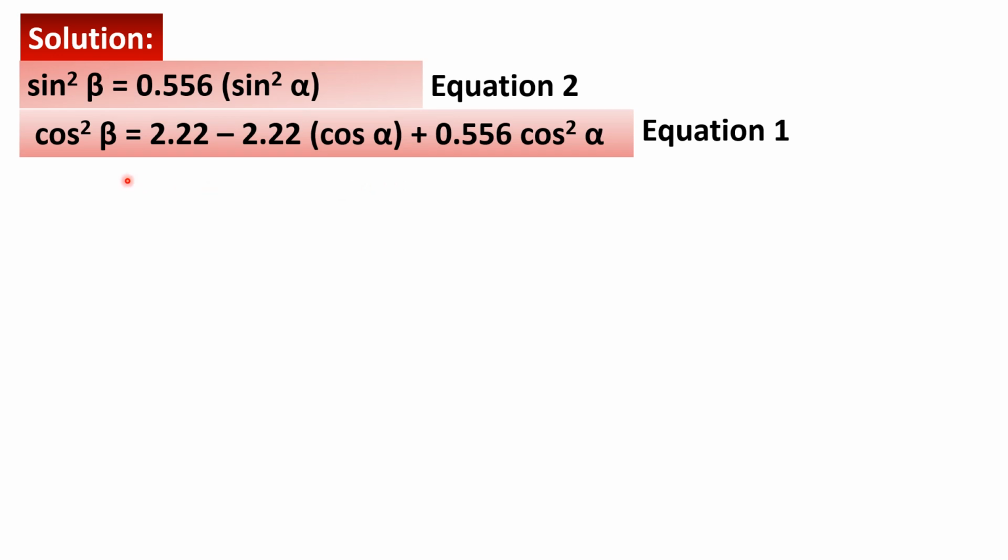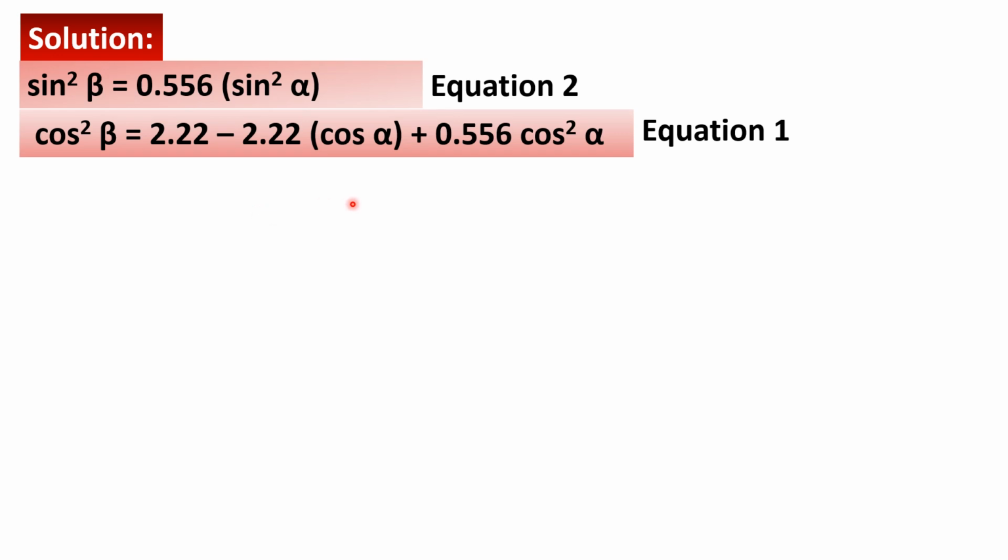All right, so how do we determine the two angles, angle beta and angle alpha? We use the two equations that were earlier presented. Here they are, equation 1 and equation 2. What's going to happen if sine squared beta is added to cosine squared beta?